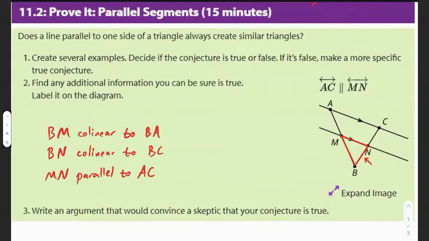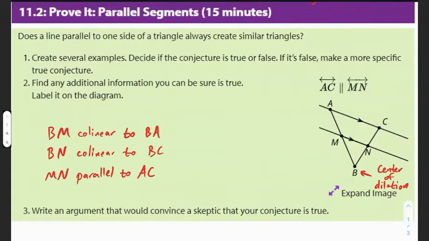So that definitely tells me that we are still talking about dilations. We're definitely dilating. Now, where are we dilating from? This point B would be our center of dilation. It pushes out or brings back in the points, MN or AC.